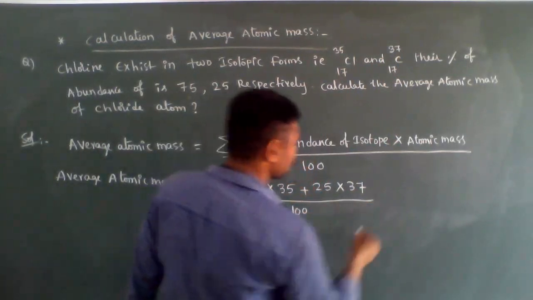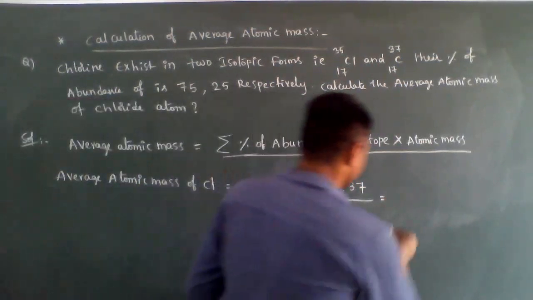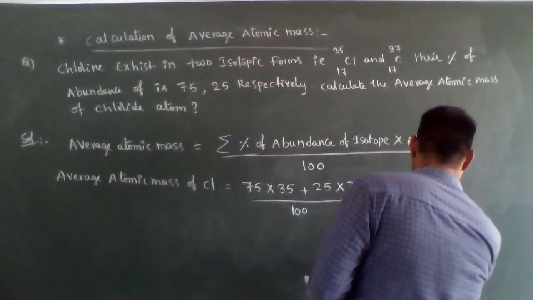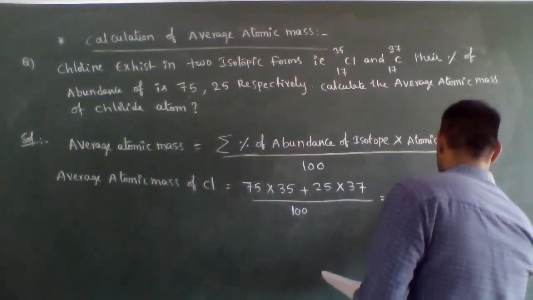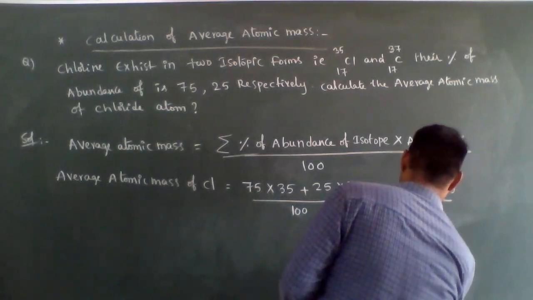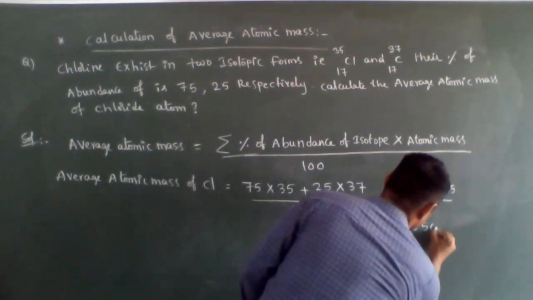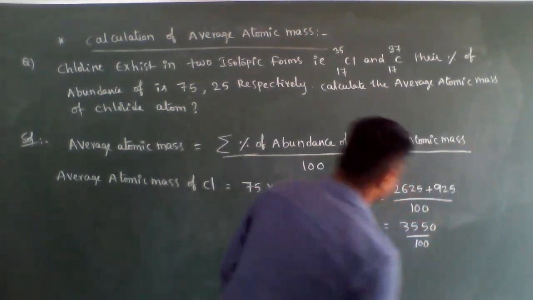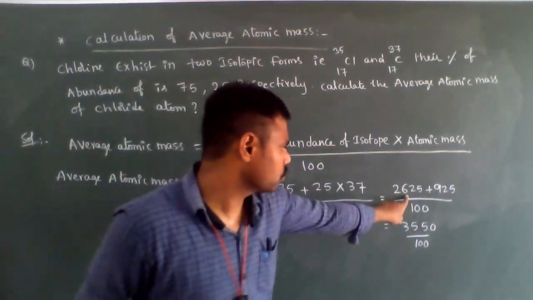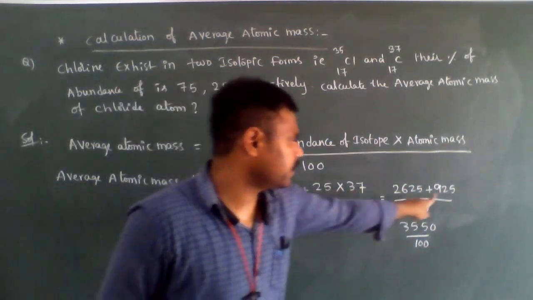Simplify this. 75 into 35 is 2625. 25 into 37 is 925.